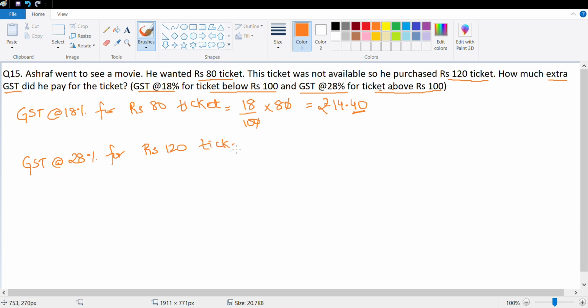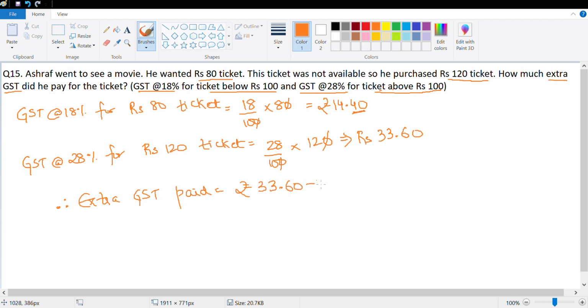And this would be 28 upon 100 into 120. That's 28 into 12. That's 280 and 56. So this is 336, which means 33.60.